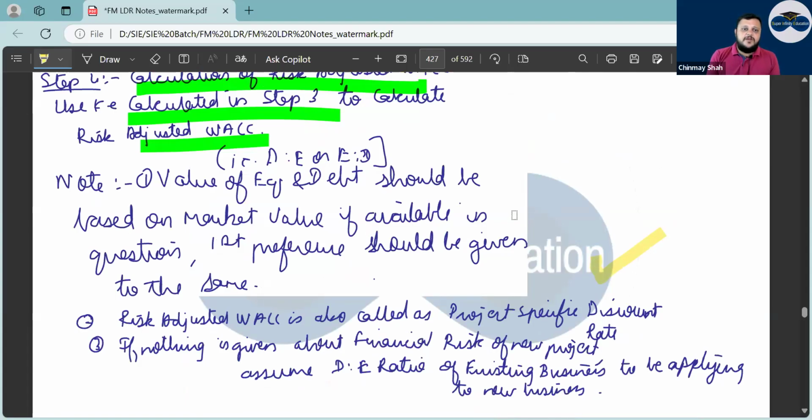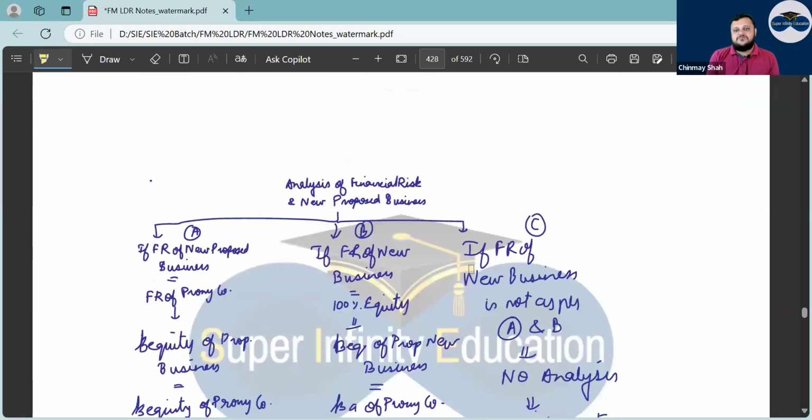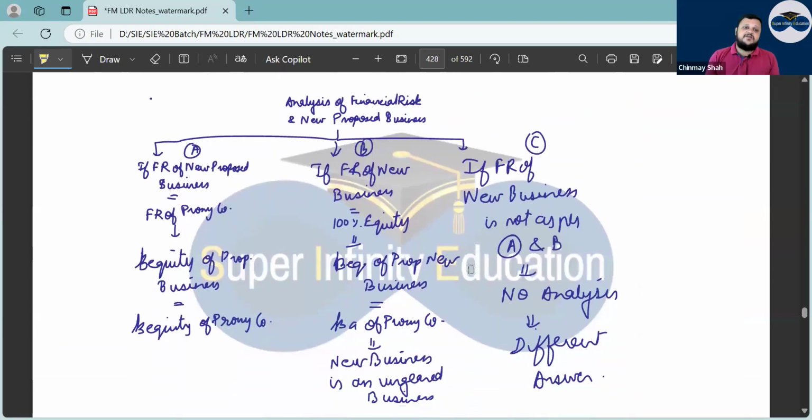Now note, value of equity to debt should be based on market value if available in the question. First preference should be given to that. If nothing is given about financial risk of the new project, assume the debt equity ratio of the existing business to be zero. Now there is an analysis table of this also, which has been asked in exam, right?